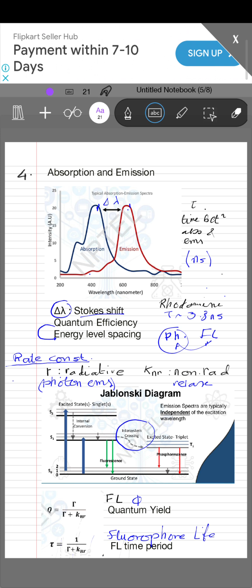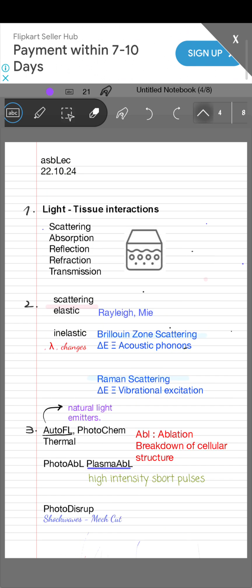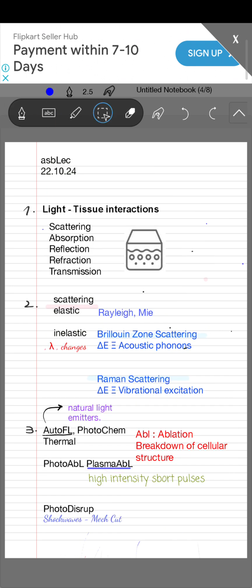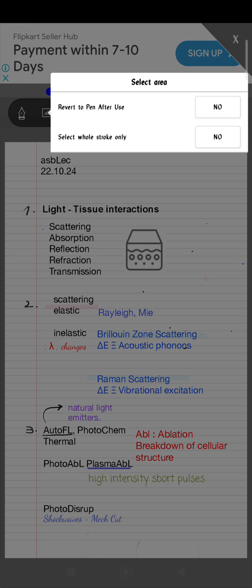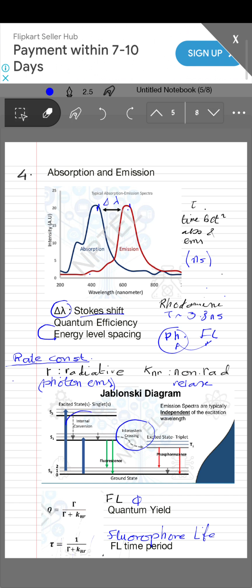These internal conversions are mainly the processes we discussed right now, that is ablation, disruption. These are the different types of processes taking place due to interaction with light, which cause these internal conversions to take place. And so we have a different Stokes shift.